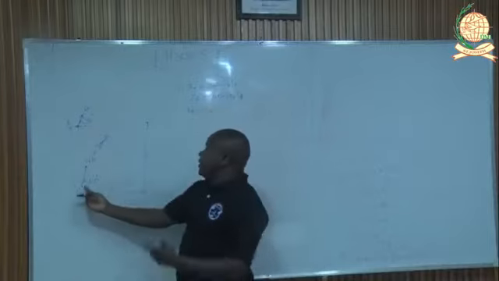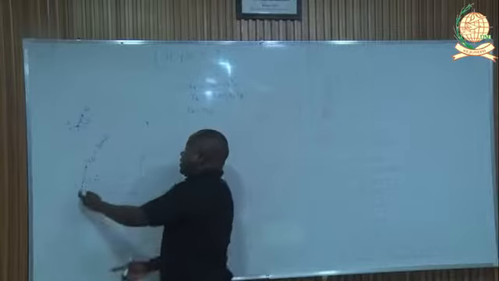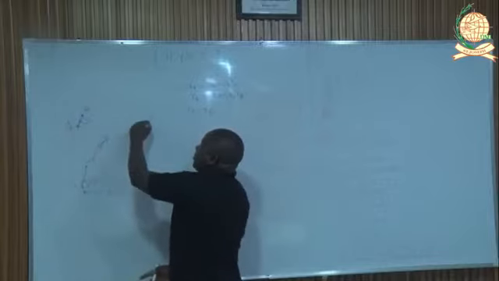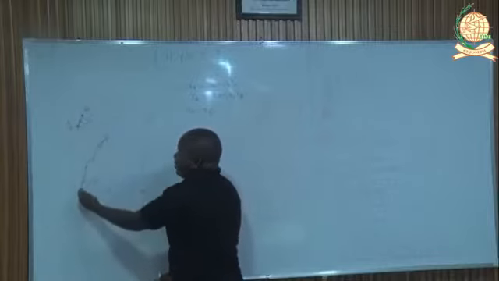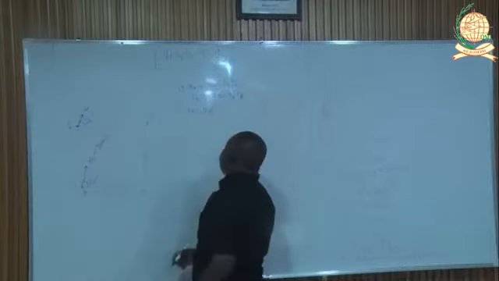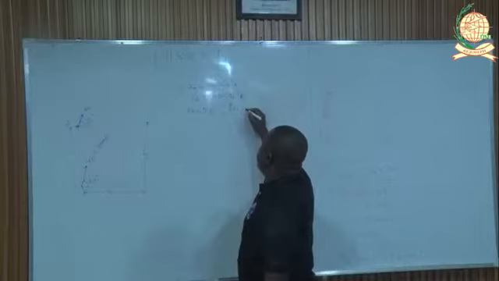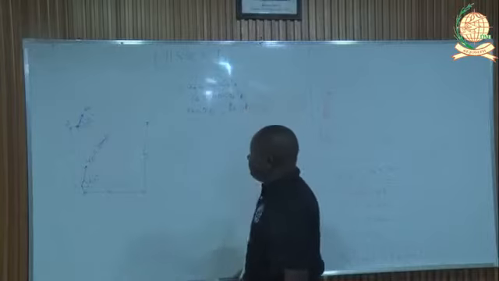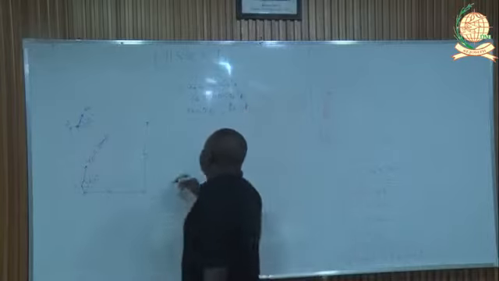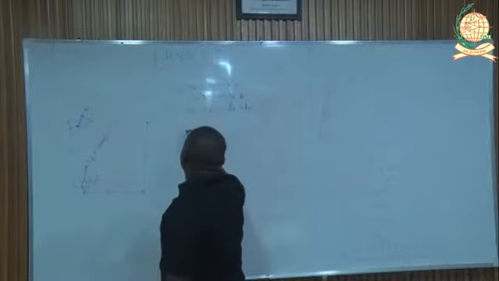And because they are projected simultaneously, the time taken by this particle to go up to point P and the time taken by this one to go up to point P is the same. So TA also equals TB. If that is the case, we equate these two equations.